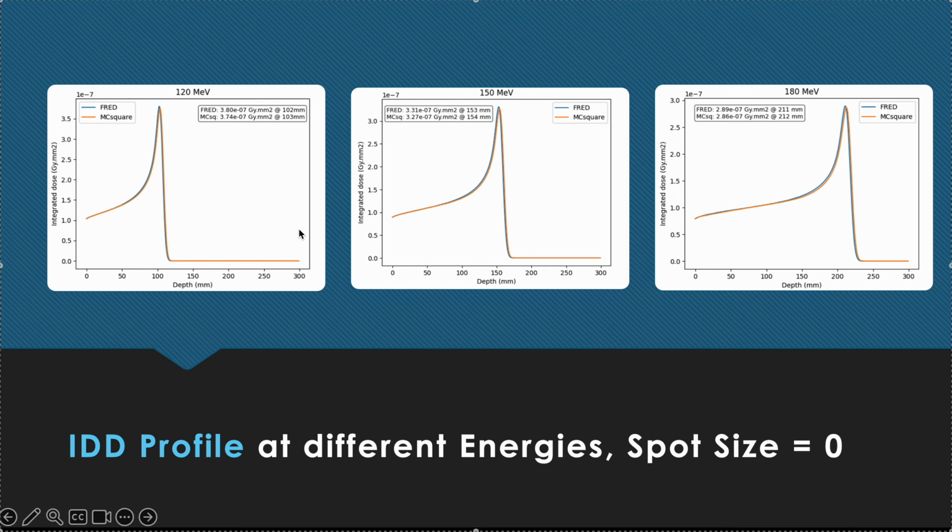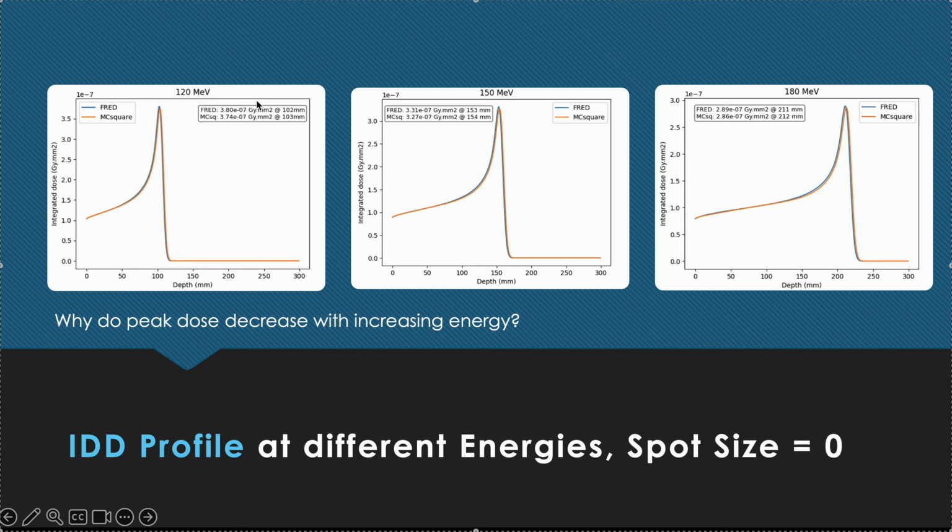Now, you might see this peak dose, the value of the Bragg peak here. You might notice that the peak dose decreases with increasing energy for Fred and for MC square, and these two values are almost similar. You can see 3.80, 3.74, it's 10 to the power minus 7, it's very close.